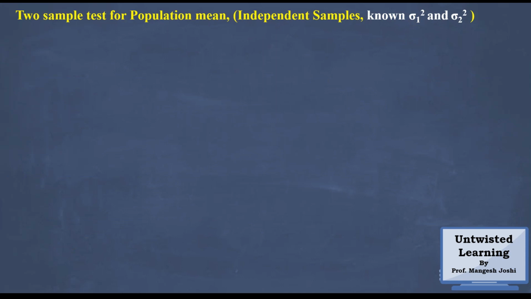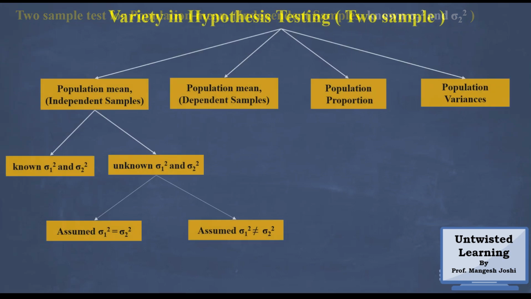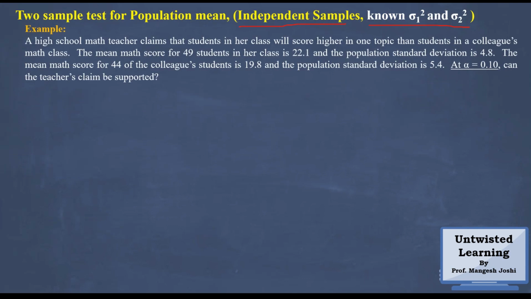So first case is two sample test for population mean, independent samples, where sigma 1 square and sigma 2 square are known, means this case. Let us take an example. A high school math teacher claims that students in her class will score higher in one topic than students in a colleague's math class.